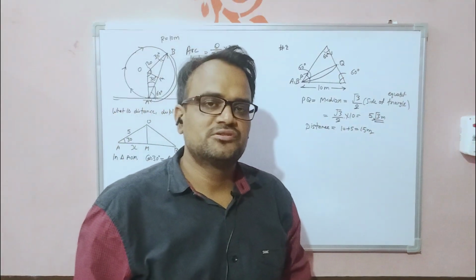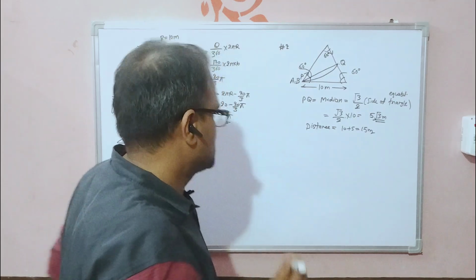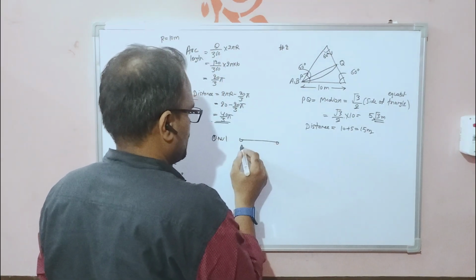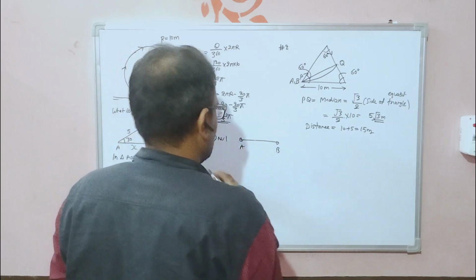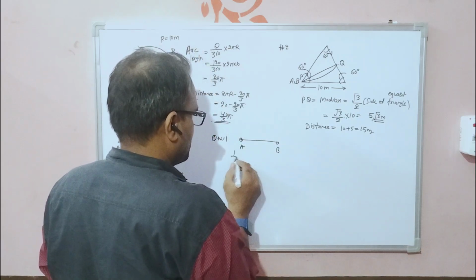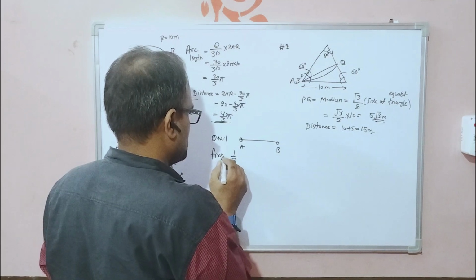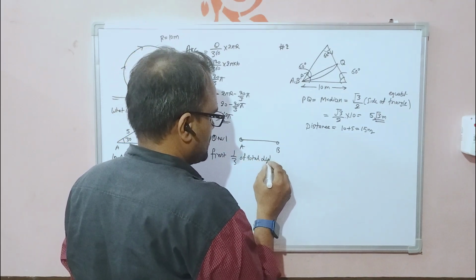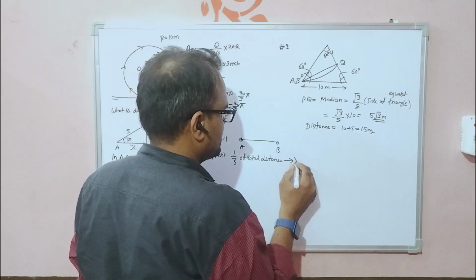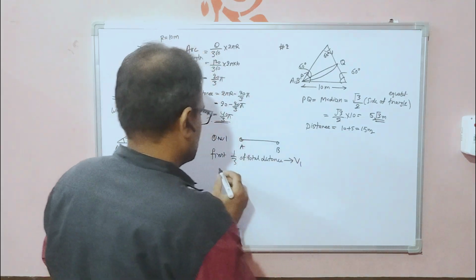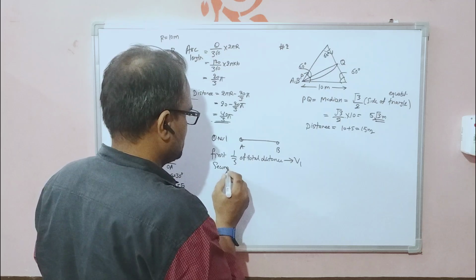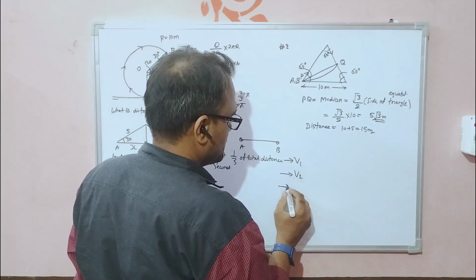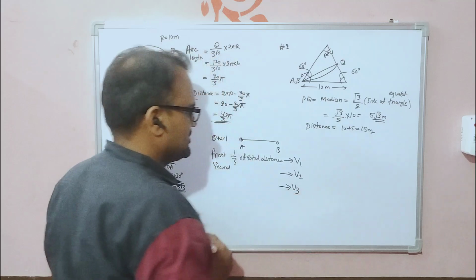Now it is time for quiz number 2. So let's see what the questions are. Question number 1: an object moves from A to B and it is given that during the first one third of the total distance, the object moves with speed v1, and similarly for the second one third of the total distance, the object moves with speed v2, and for the last one third, the object moves with v3.